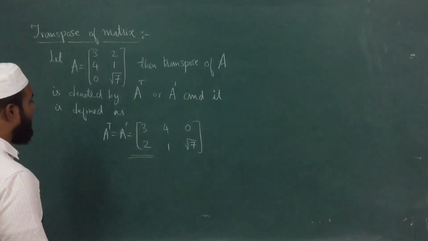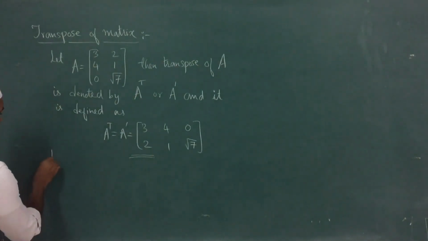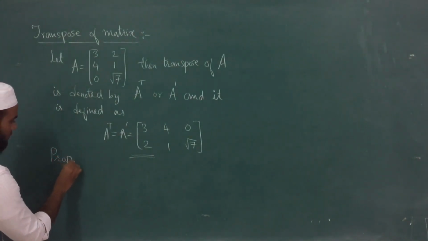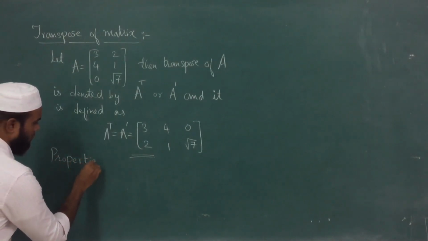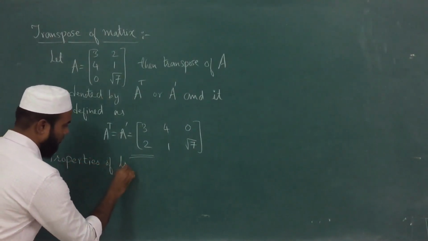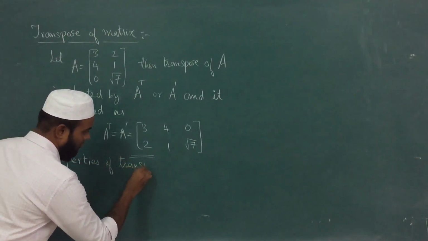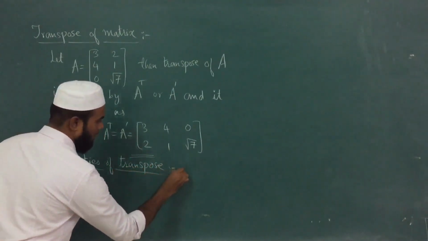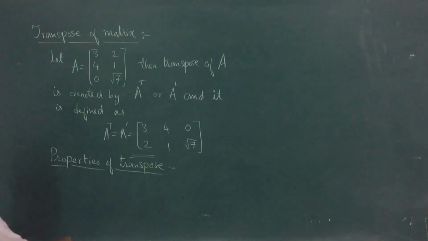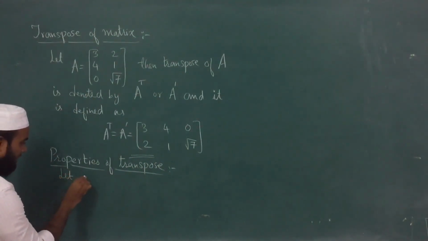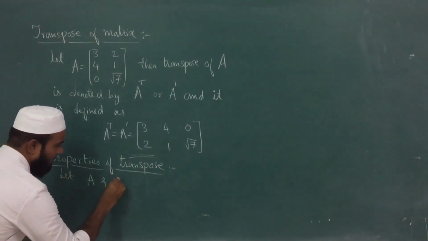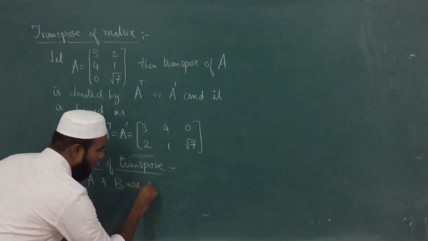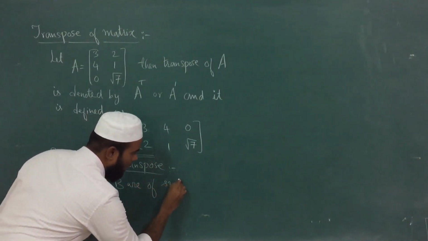Next, properties of transpose. Suppose we have two matrices, let A and B be of suitable order.